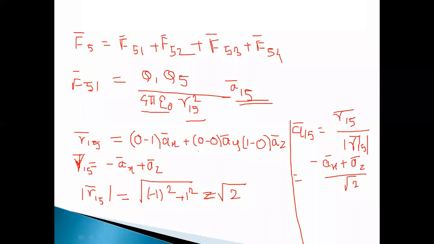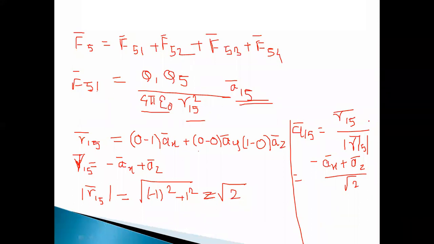And the distance also everywhere is given, so its magnitude will also be root 2. You just check that first. Okay, what is your answer coming? Minus 0.953 a bar x plus 0.953 a bar z. Correct. The answer is right.